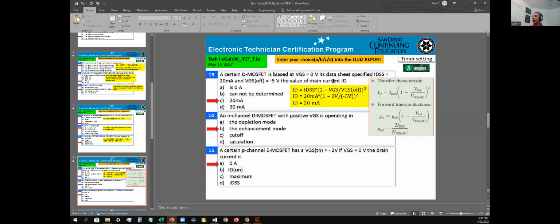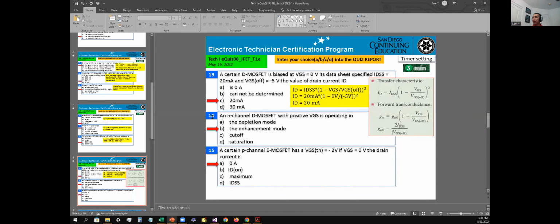The value of the drain current is, so you've got the formula: ID equals IDSS times the quantity 1 minus VGS divided by VGS off, that quantity squared. Substituting in those values, IDSS is 20 milliamps times 1 minus 0 volt divided by -5 volt, that quantity squared. So ID equals IDSS, or 20 milliamps. The answer is C, as in cat, for number 13.